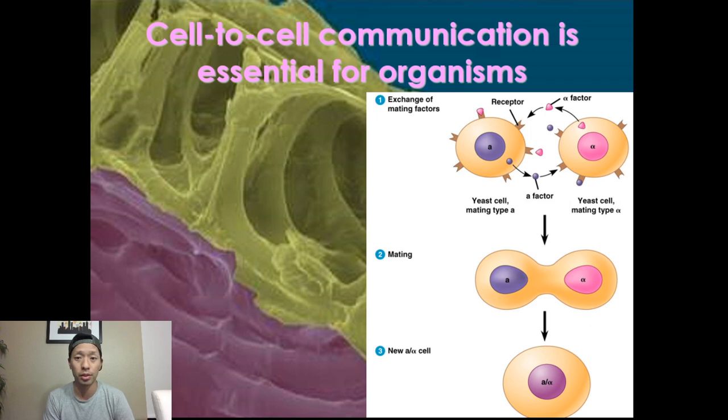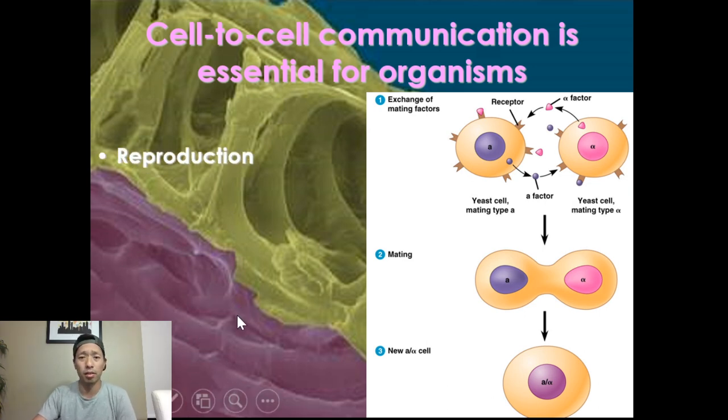And really what that comes down to is using chemicals. So it's super important, not just for animals, but all organisms, that they're able to communicate with one another. And as we evolve towards being more multicellular, it becomes even more essential.